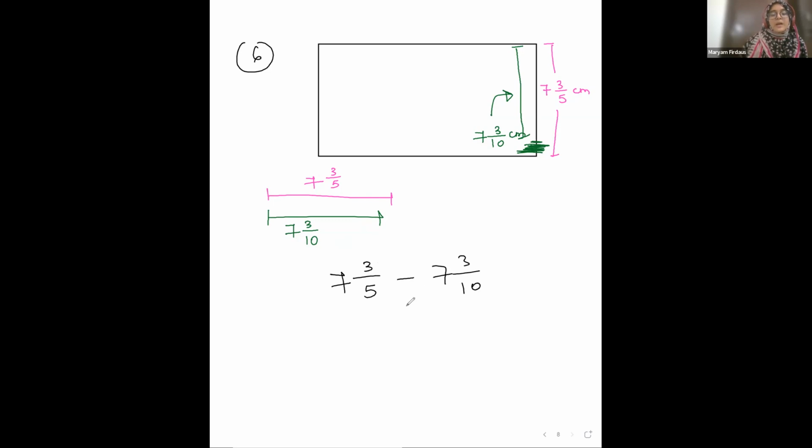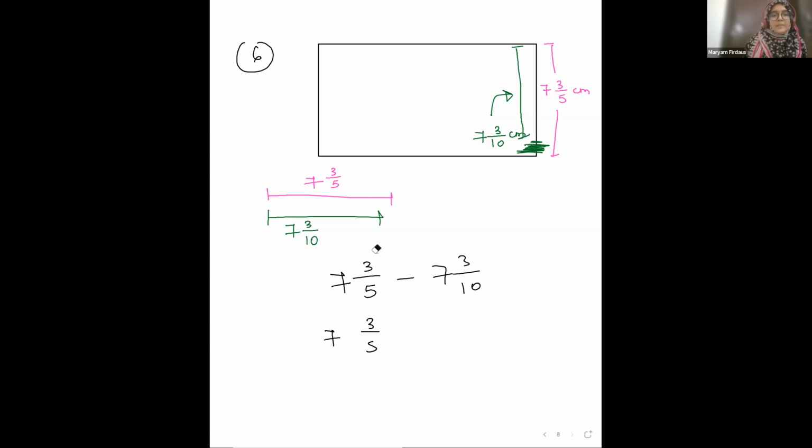Now, there's a shortcut, but I don't want to confuse you because there are some places where you can apply it and some places where you can't. The shortcut is to take 7 as common, and do 3 by 5 minus 3 by 10.